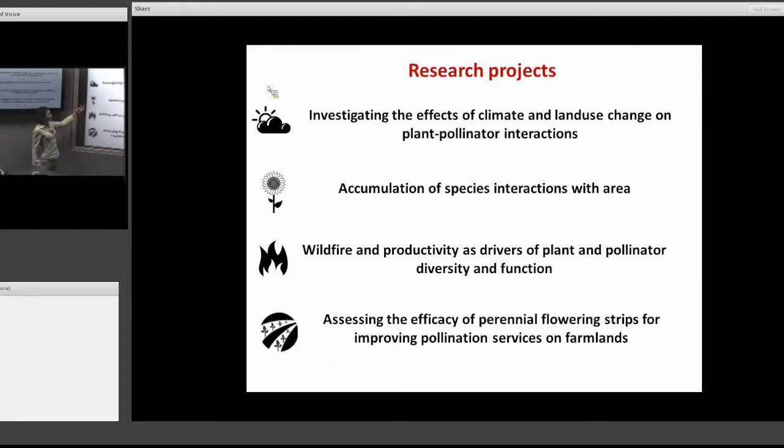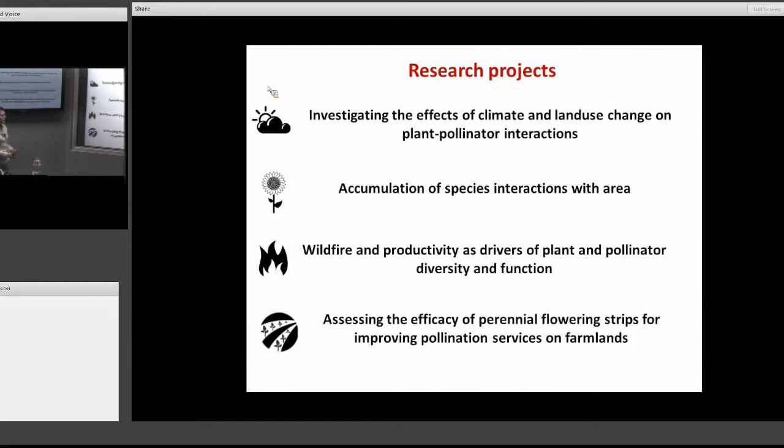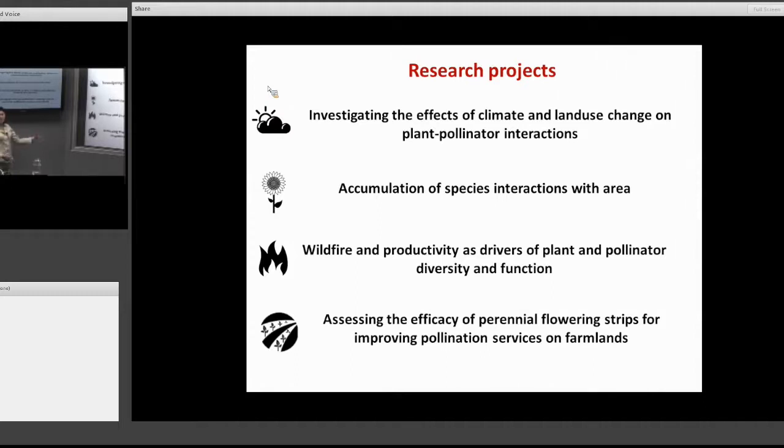The second project is extending some of these ideas related to species area relationships to species interactions. And so looking at how plant-pollinator interactions accumulate with increasing habitat area.